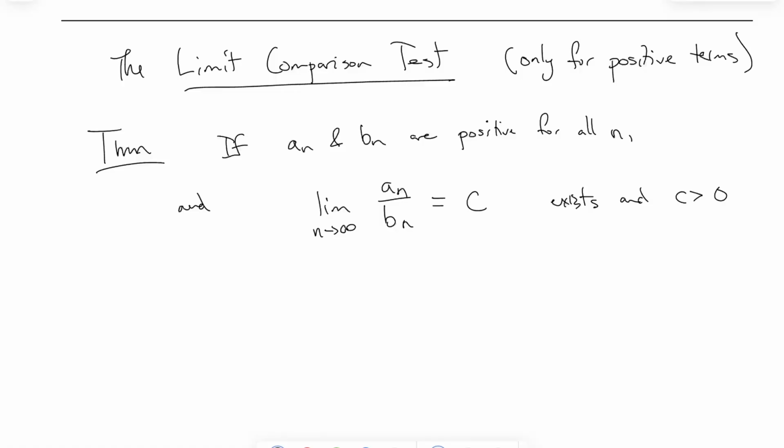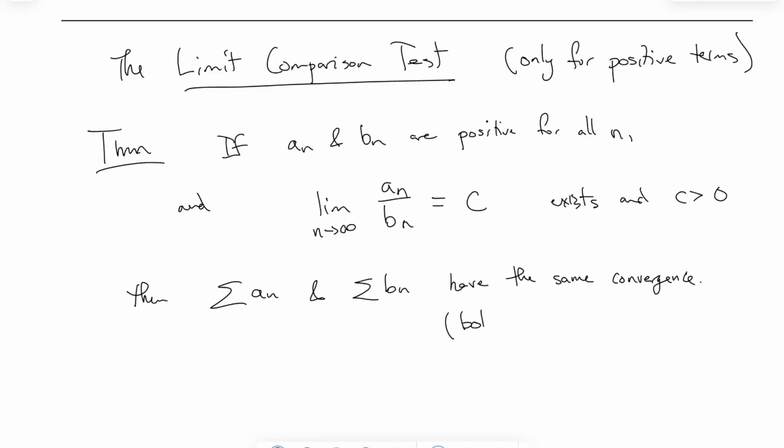But anyway, if that constant is greater than 0, then the conclusion is the series a_n and the series b_n have the same convergence. Either they both converge or they both diverge.